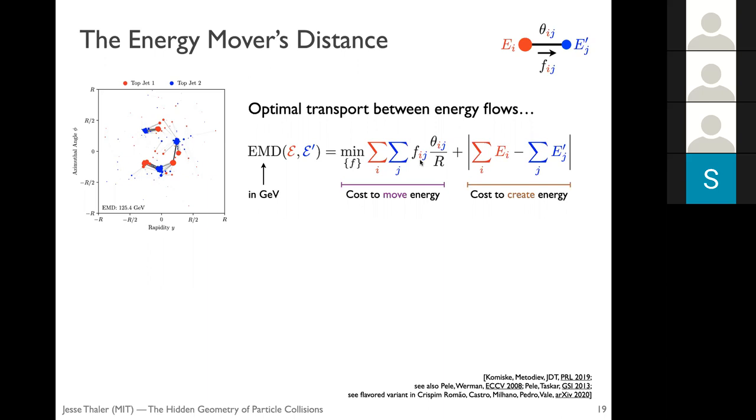And what's remarkable is that the KT clustering algorithm is effectively a cheap way of trying to figure out the optimal transportation plan. So KT clustering with so-called winner-take-all recombination schemes turns out to be a way of estimating optimal transportation plans between energy flows, which is kind of a cool fact.